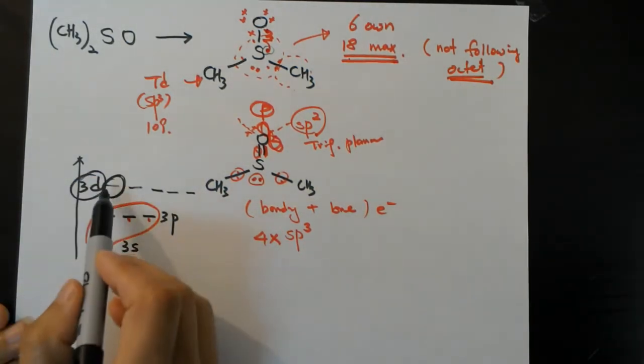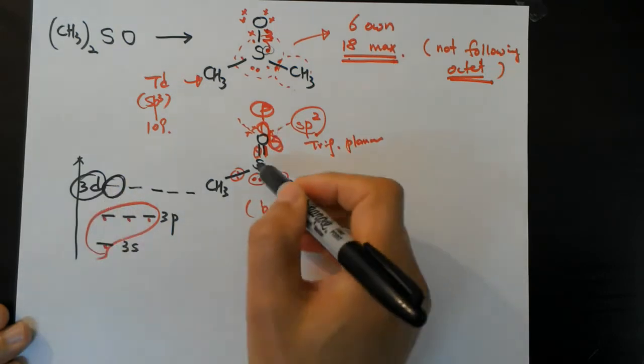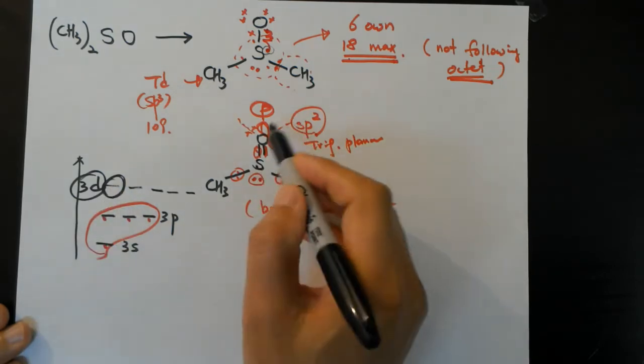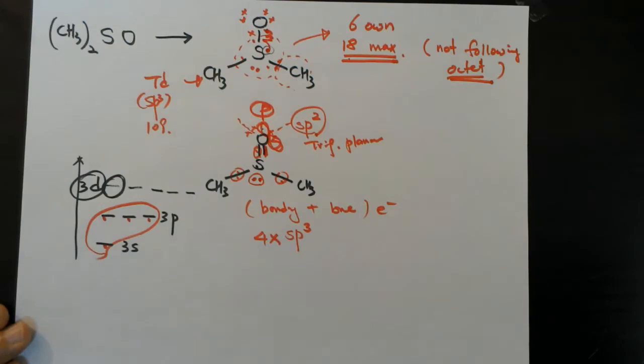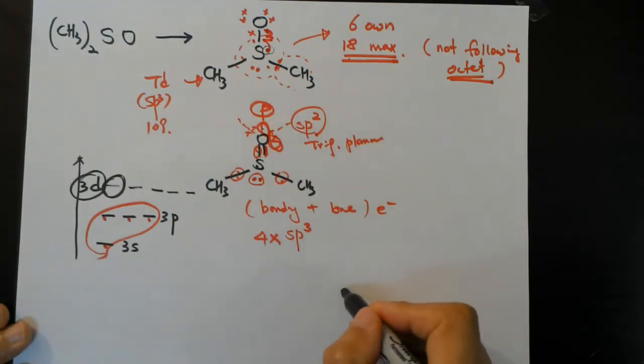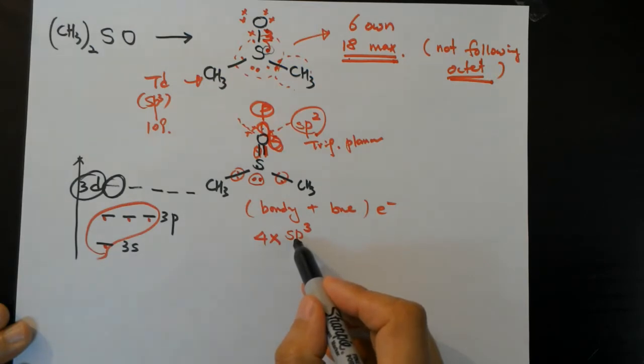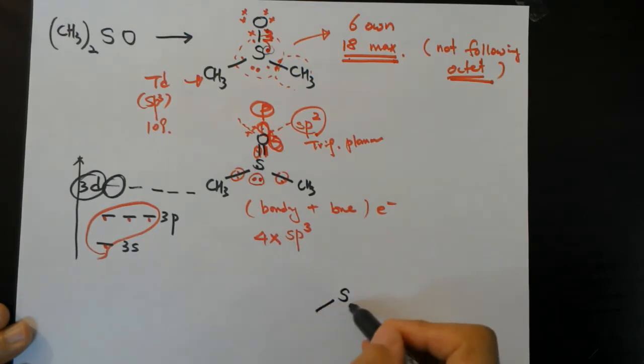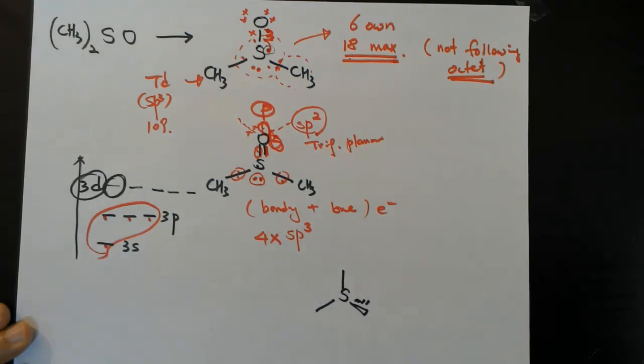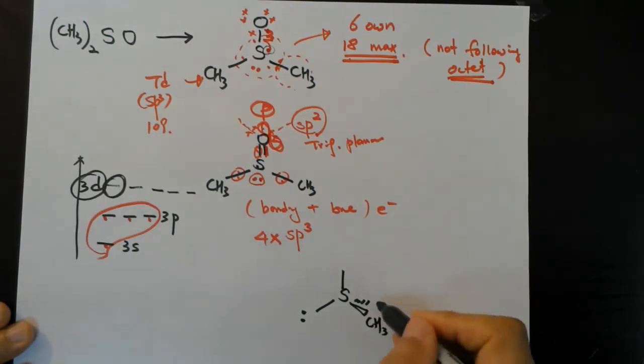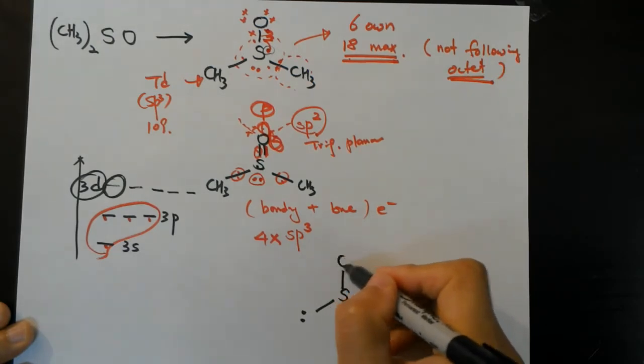So the d orbital is here to make a pi bond with a p. So that means S must be sp3. 1, 2, 3, and 4. One of them is a lone pair. And the other 2 bond to the 2 methyl groups, and one last for the oxygen.